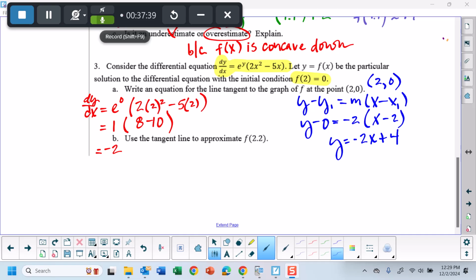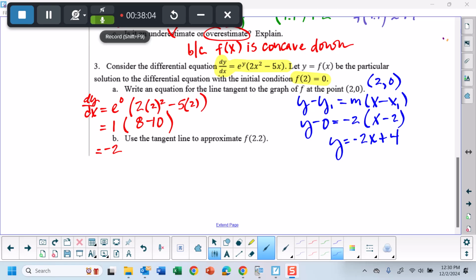And if you look at my input-output value, I'm going to plug in 0 for that exponent value. Times 2 squared minus 5 times 2. So that looks like 8 minus 10. So we get a rate of change of -2. That's my instantaneous rate of change at that x value.